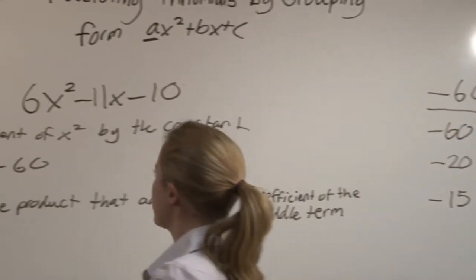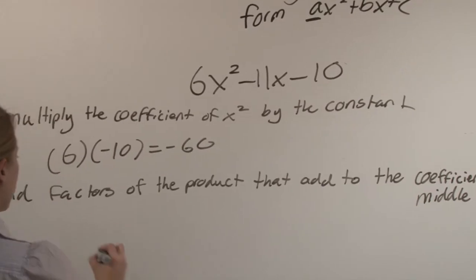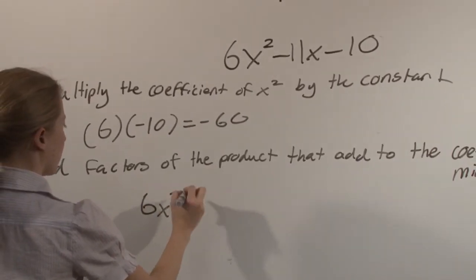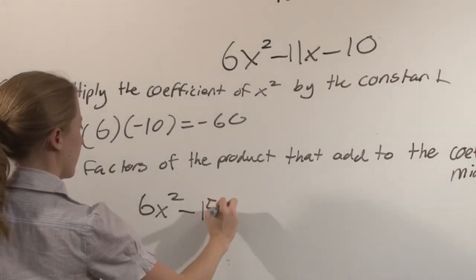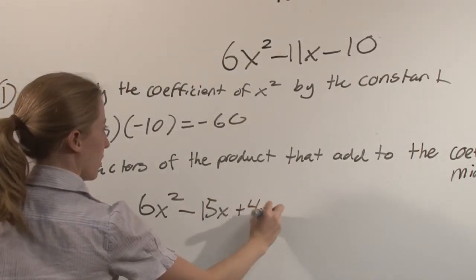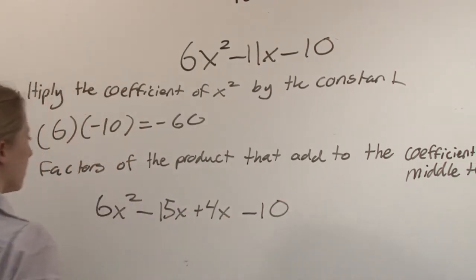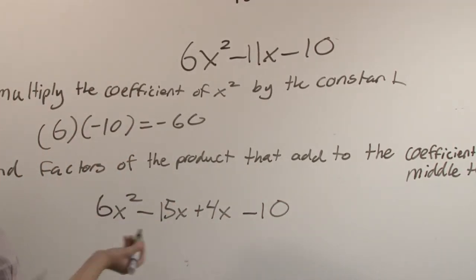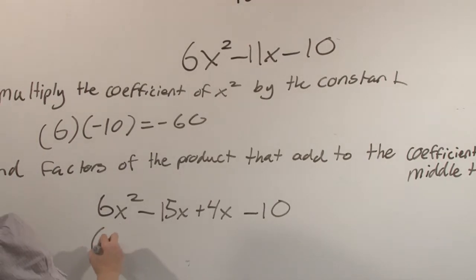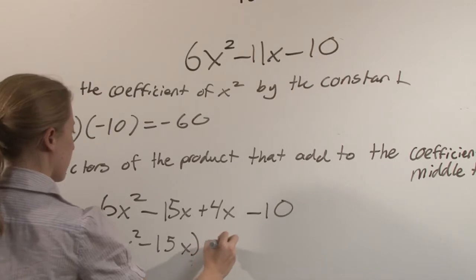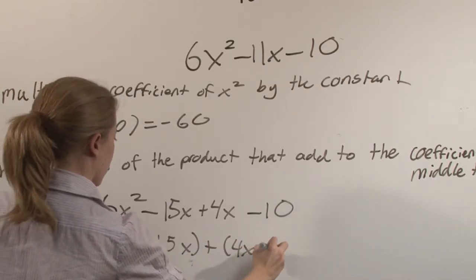And so then I would factor by grouping. So I'm going to take the 6x squared minus 15x plus 4x minus 10. Then I'll group these and then pull out the common factor from each group.